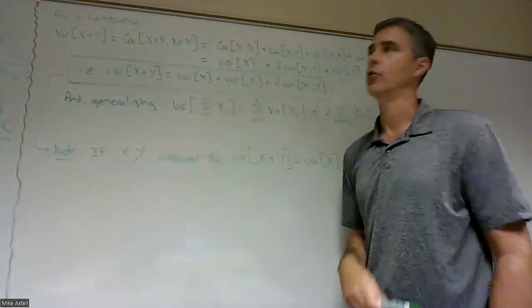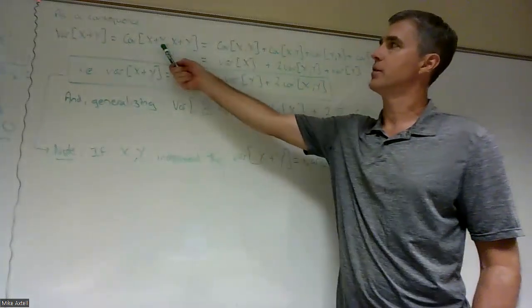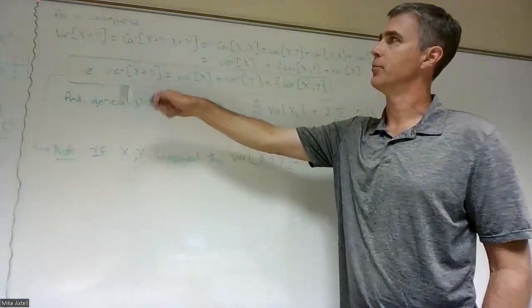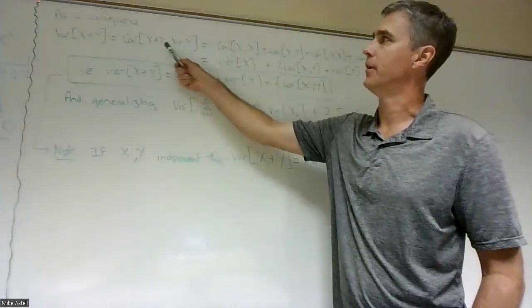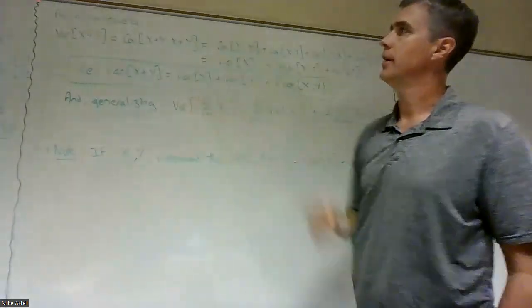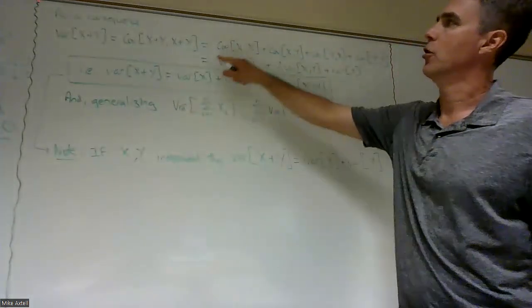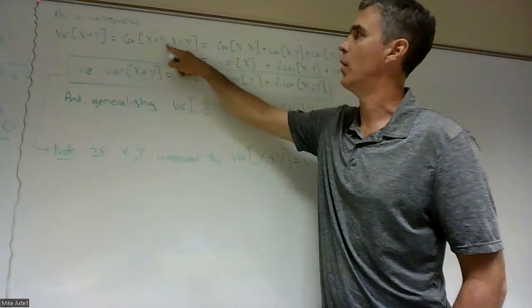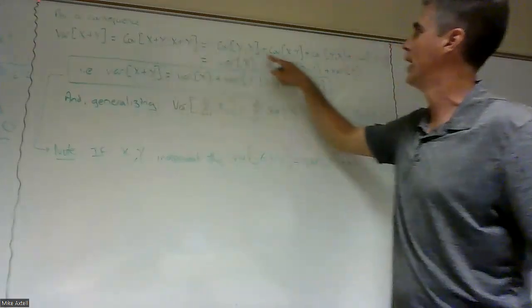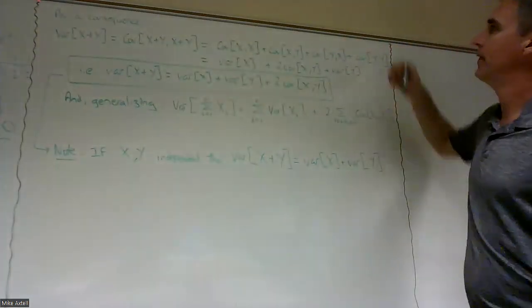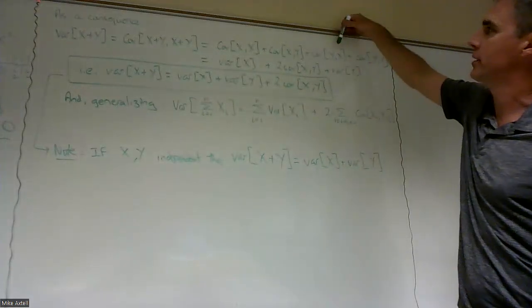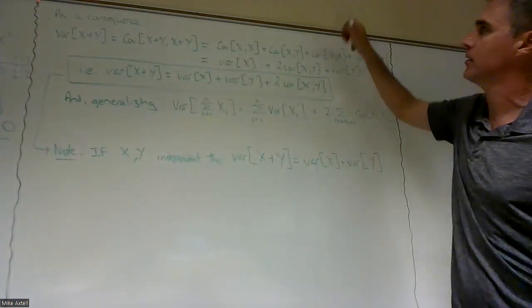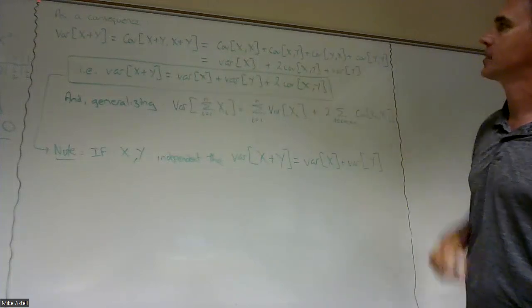That was from earlier in the video. And now the theorem we just did in the previous panel tells me how I can split sums in both spots there. I can do the covariance of x and x plus the covariance of x and y plus the covariance of y and x plus the covariance of y and y. And the covariance of x and y and the covariance of y and x, that's the same exact thing. So that's two copies of the covariance of x and y.